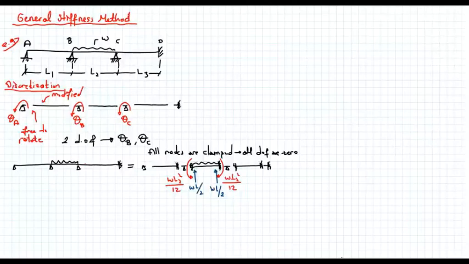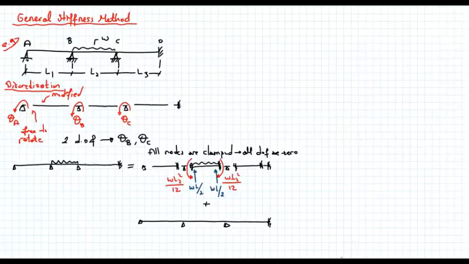But remember that in moment distribution, we were releasing the nodes one by one, and we were calculating the effect of the unbalanced moments. So let's draw that as a figure. Now this is our structure.